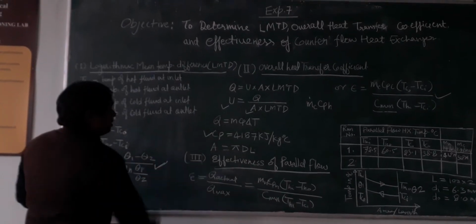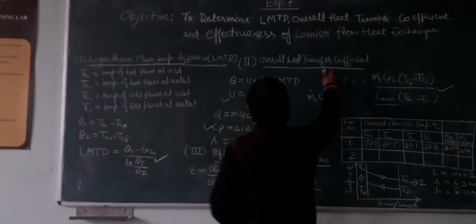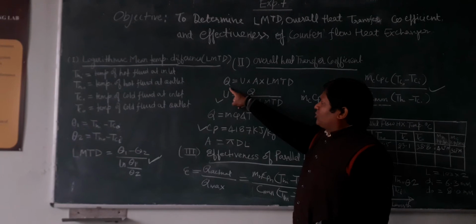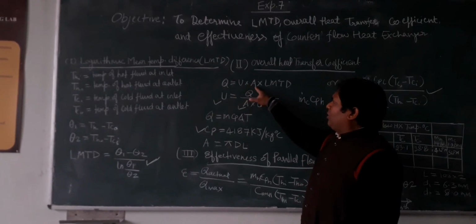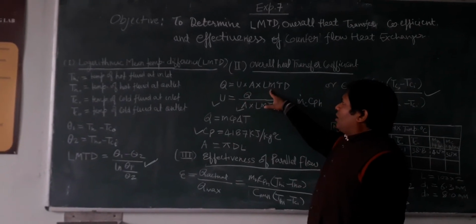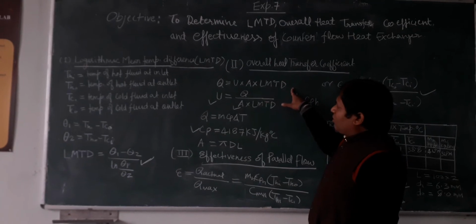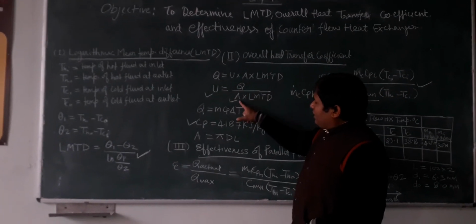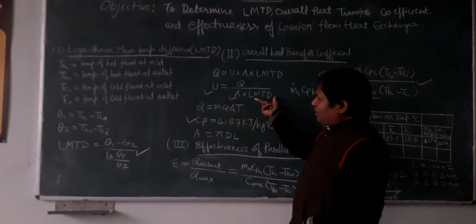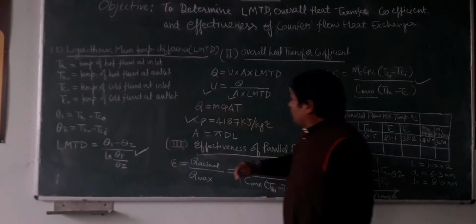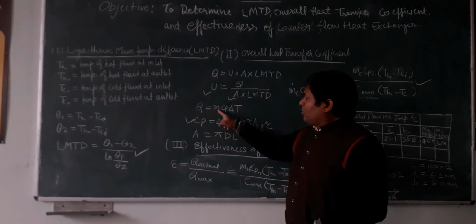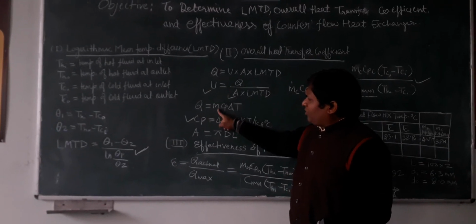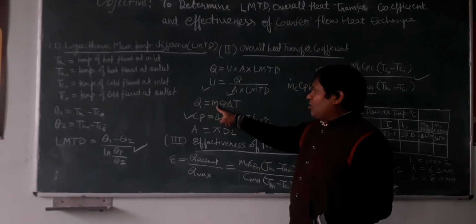Now we will see the overall heat transfer coefficient. We know that Q is equal to U into A into LMTD. We can calculate Q. Area is given already, and LMTD we have already calculated here. To calculate Q, you can take the mass flow rate of hot fluid or cold fluid.